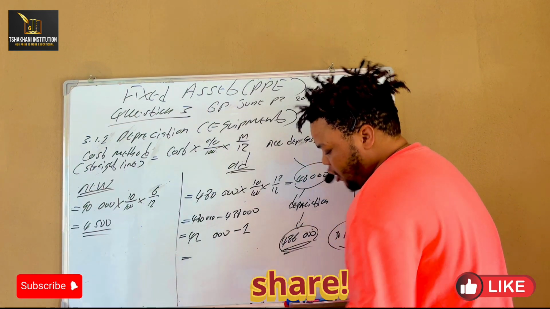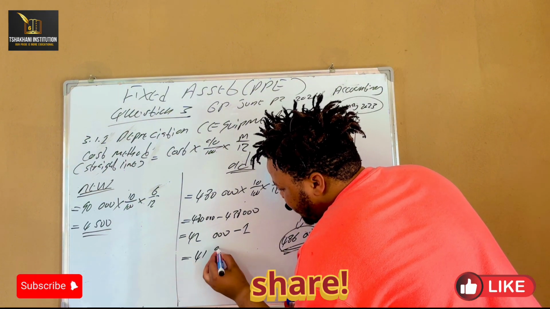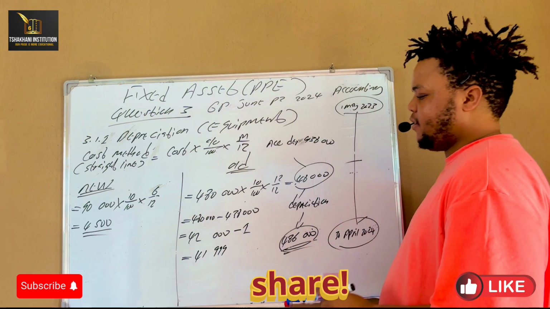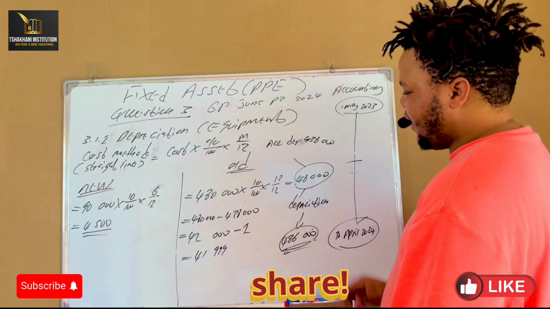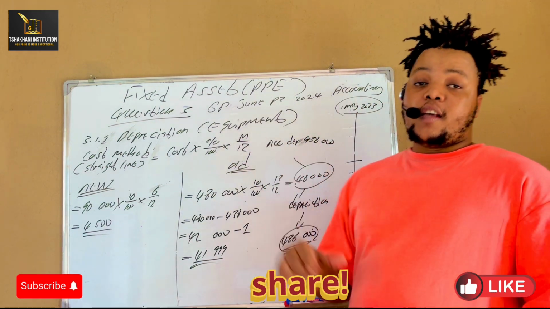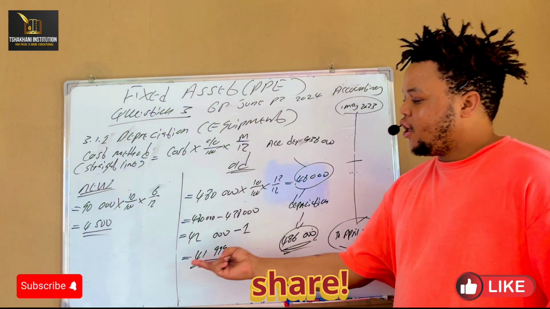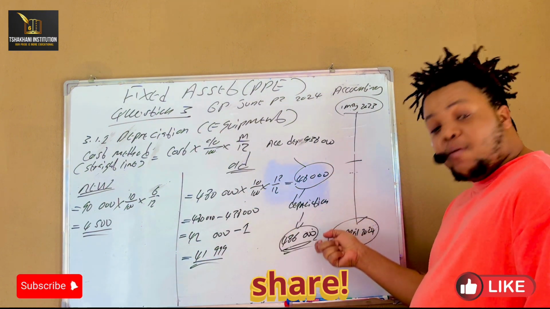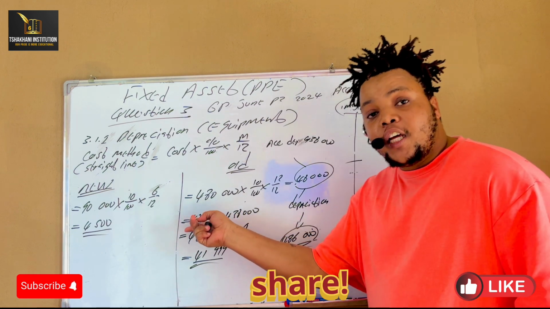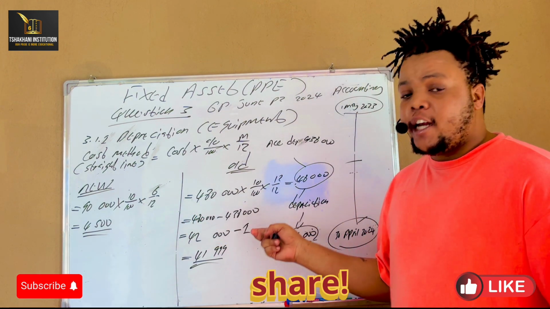The depreciation for this year will give us 41,999. So this is the depreciation for these items. What have you learned? The issue of considering the depreciation when the accumulated at the end exceeds the cost at the end. So we must change the way we calculate the depreciation and we apply that.